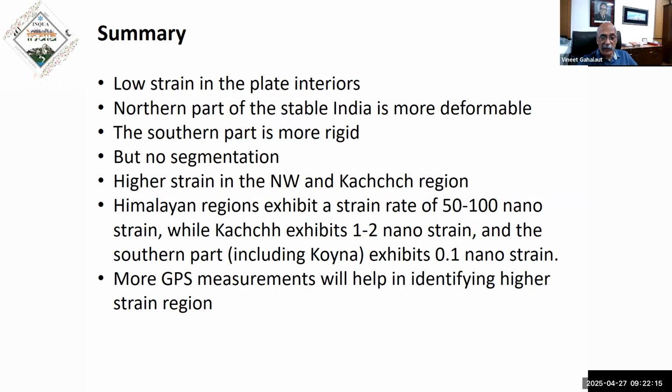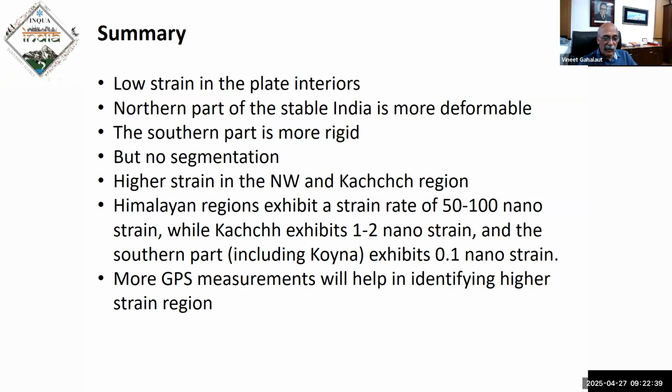The strain is very high in the Kachchh region and the Himalayan region, obviously, because of plate-bound regions. It deforms very fast at a rate of about 16 millimeter per year, and the strain rate is about 50 to 100 nanostrain. And in the southern part, for example Koyna, it's almost at the lower limit of strain rate, 0.1 nanostrain.